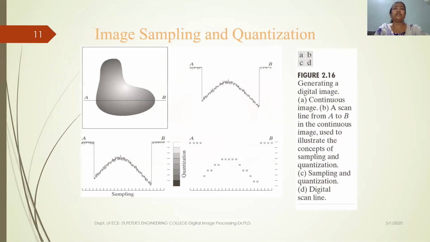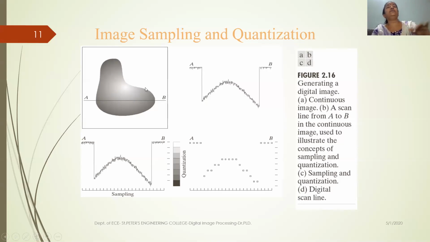Now, if you observe this particular diagram, this is the background, and this is the foreground of an image. This foreground appears to be grayscale, or we can consider it black, but it's not pure black. The light is focusing at the center of the object. This is the original image given.